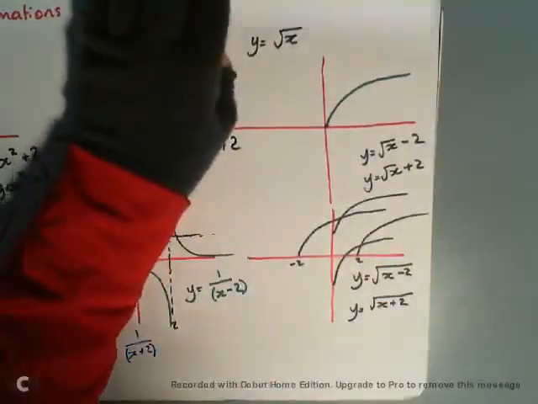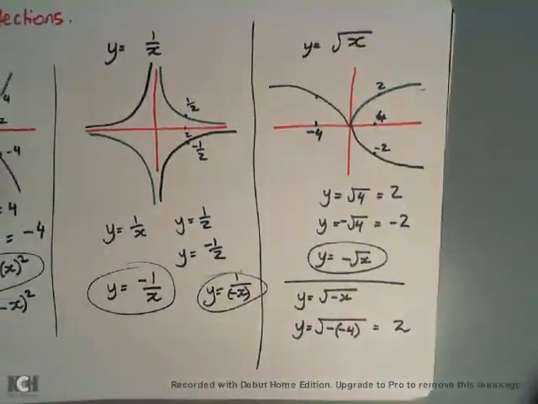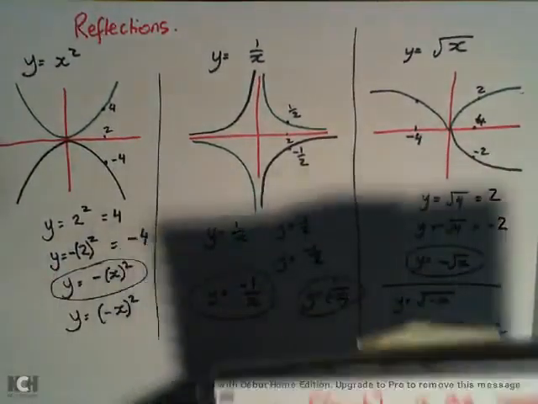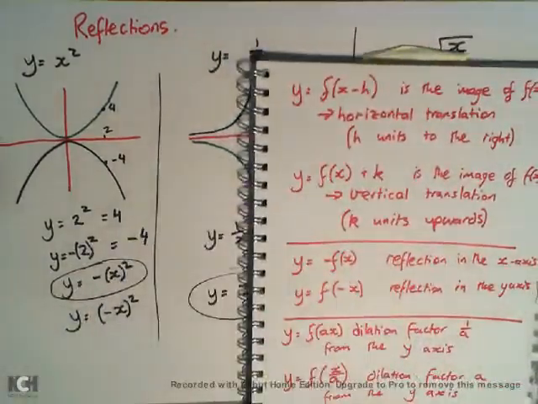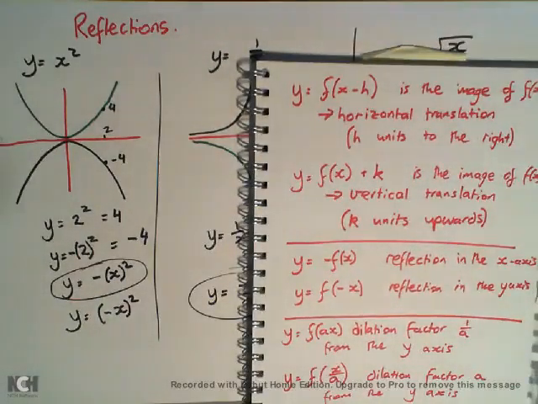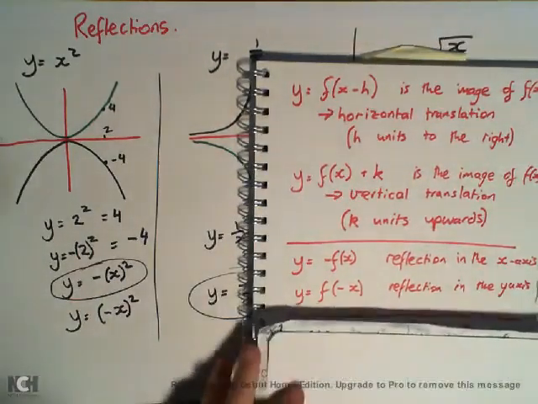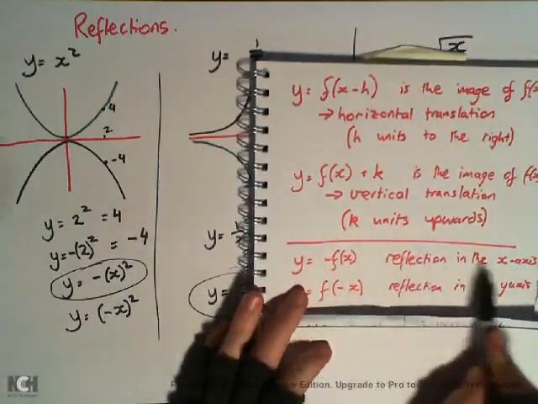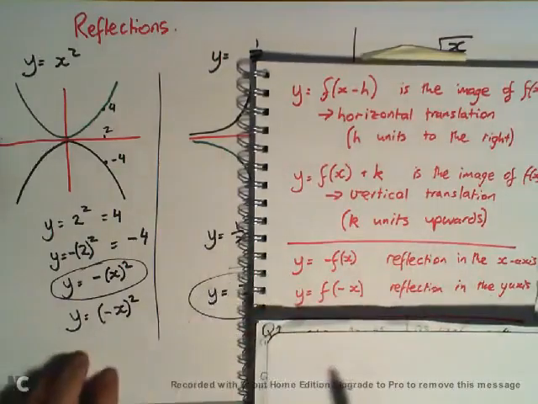And we've had a look at reflections here, so we've got a similar case. Okay, we're going to make a bit of a summary. So my next section: y equals minus f of x gives a reflection in the x-axis.